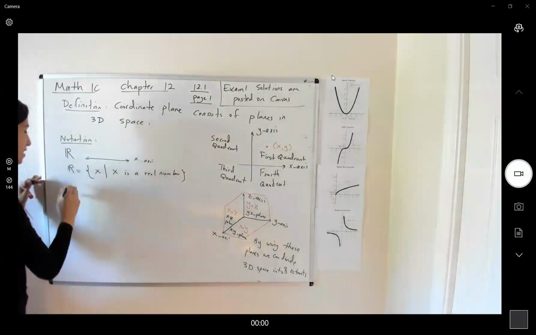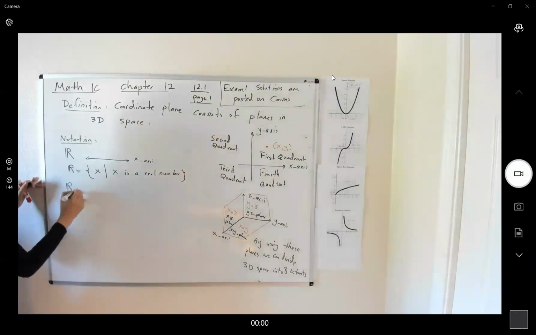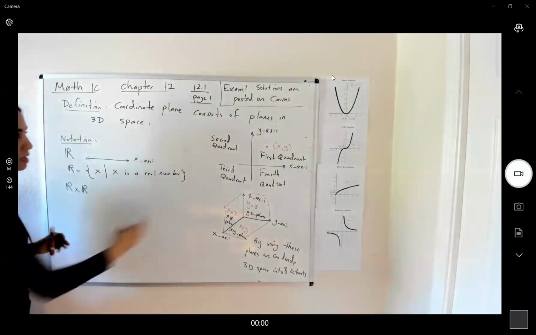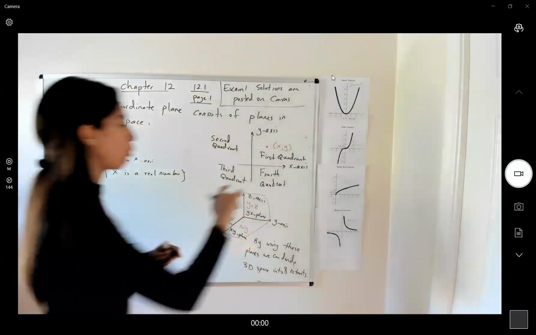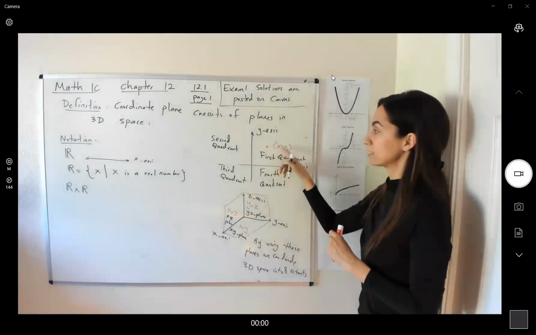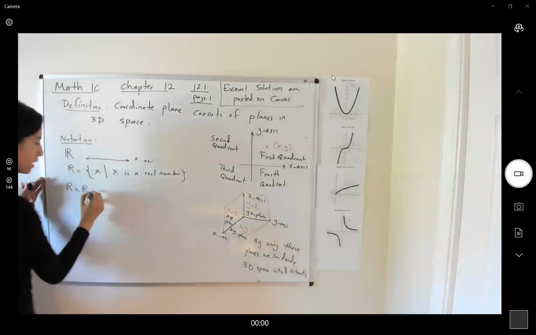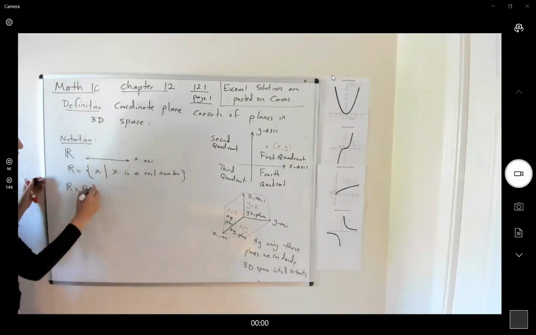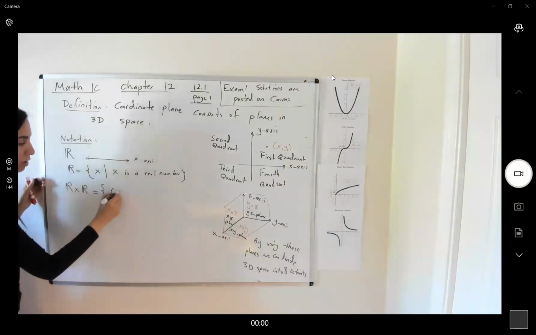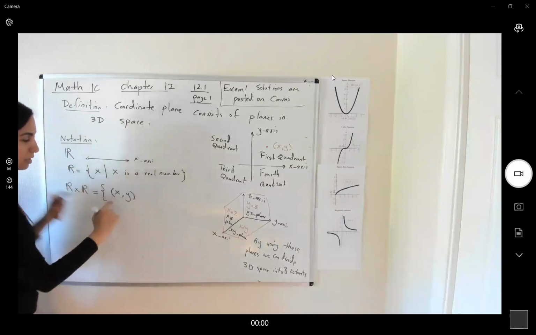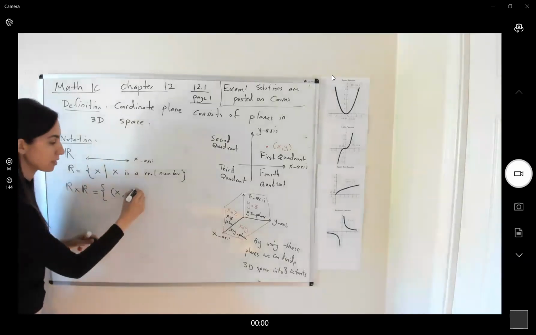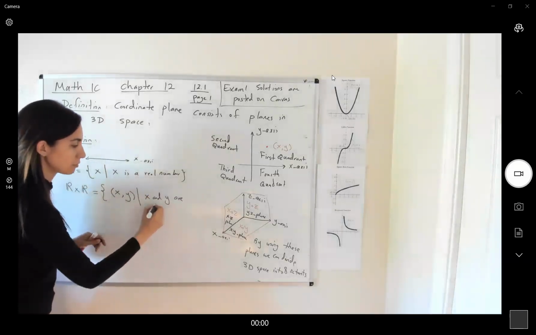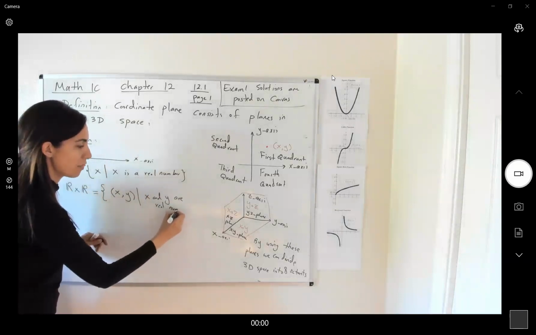We can use the Cartesian product between R and R and form a two-dimensional space. A two-dimensional space has points with x and y values. So we define it this way. We say that R times R is equal to the set of all ordered pairs x and y, such that x and y are real numbers.